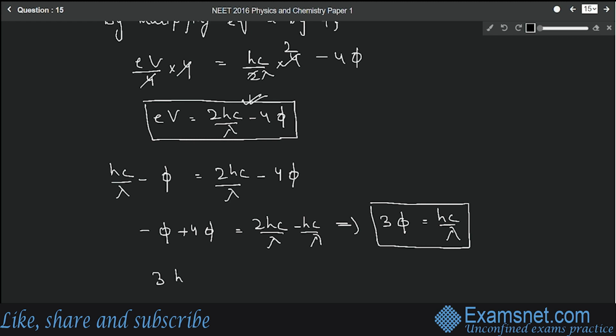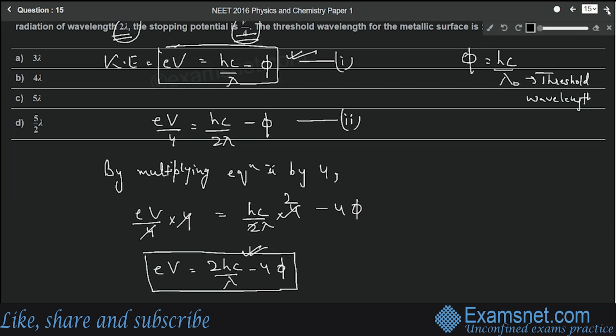So 3 hc by lambda naught equals hc by lambda. So from here we can say that the value of lambda naught is equal to 3 lambda. Okay. So which option will be the correct one? 3 lambda. Option A will be the correct answer. Okay. Threshold wavelength is equal to 3 lambda.